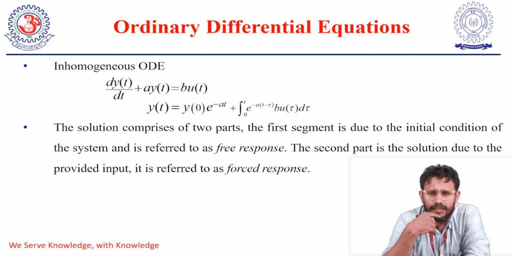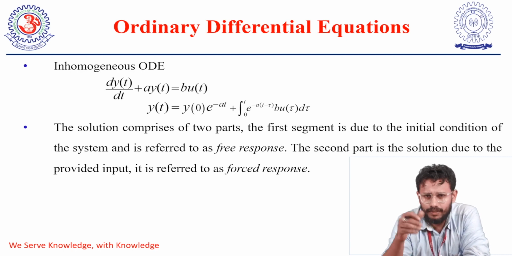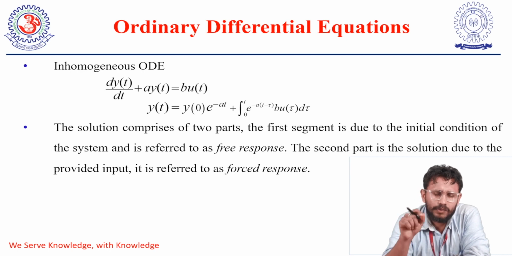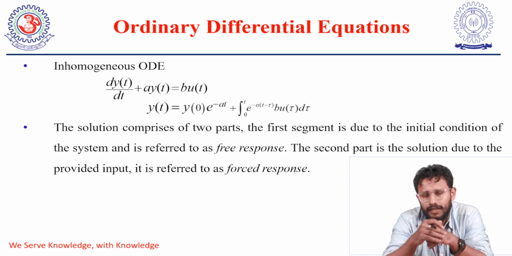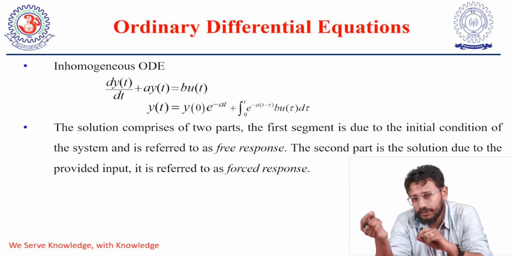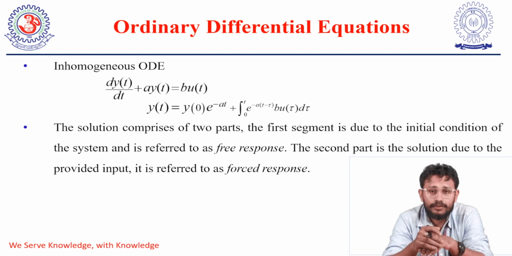Now I would say the dynamics of a system can be defined in terms of an ordinary differential equation, and the system of our concern is a linear, time invariant, causal dynamic system. They are generally defined in terms of a linear ordinary differential equation whose coefficients are constants.